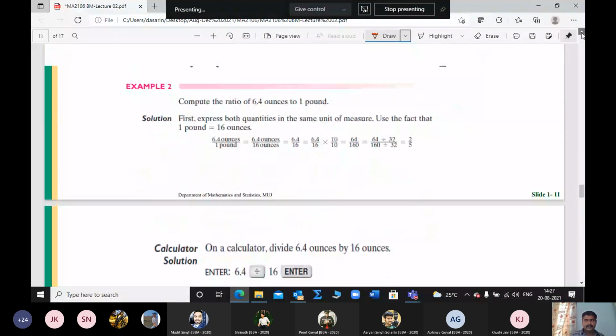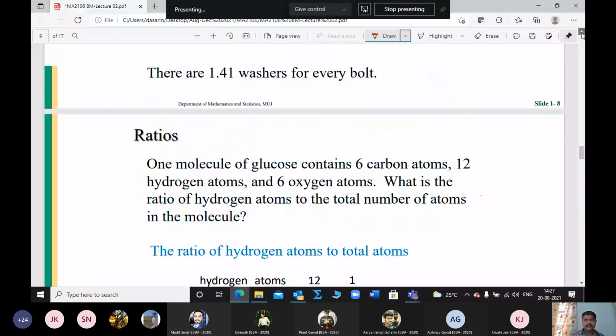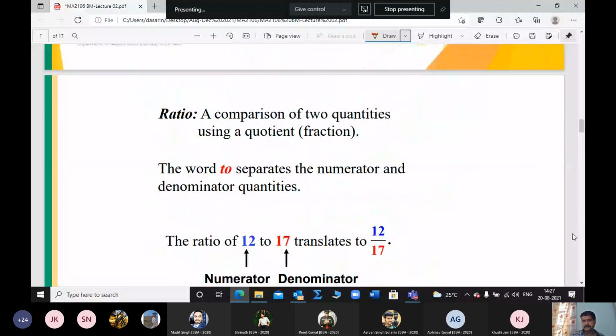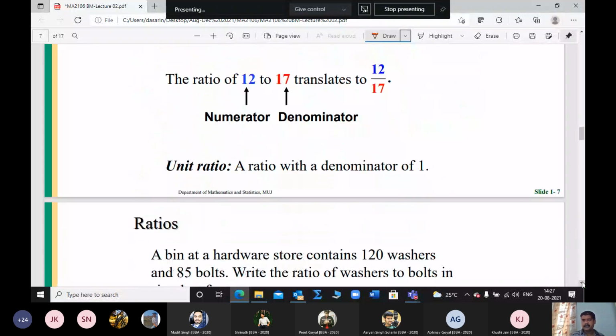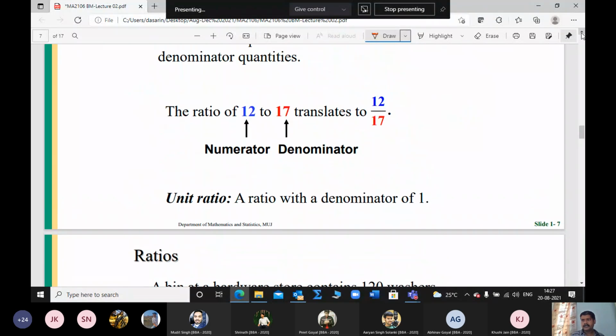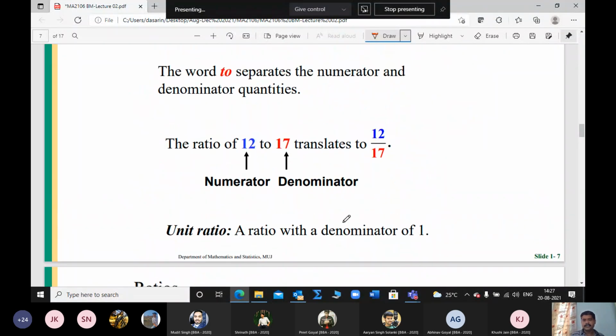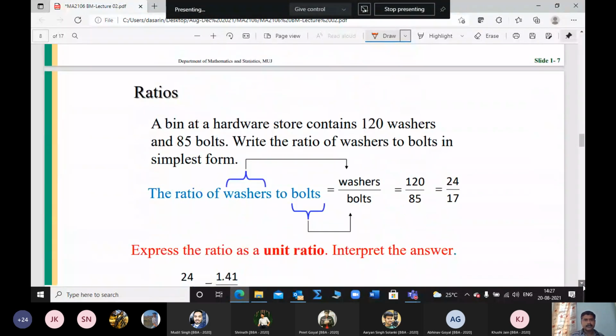So what we have learned in today's lecture: we have learned the definition of a ratio. Given any two numbers, if you express those two numbers in numerator divided by denominator form, it is called a ratio. An add-on to that definition, unit ratio means the denominator is 1.